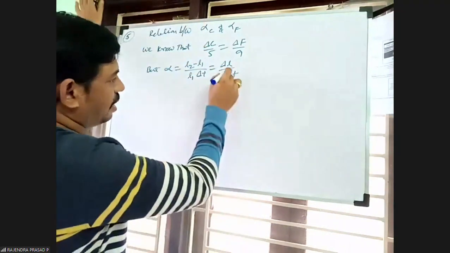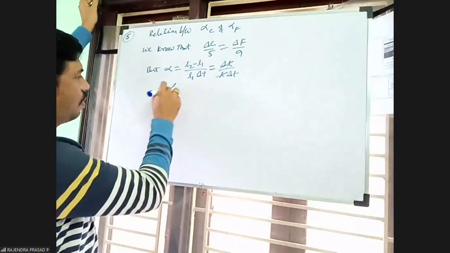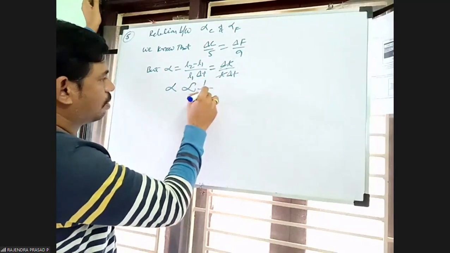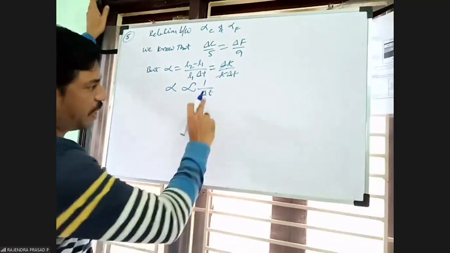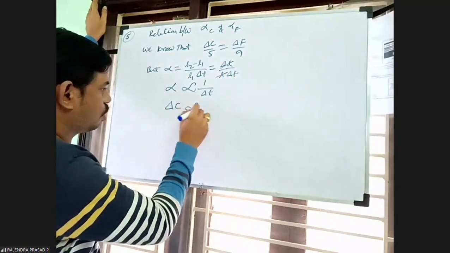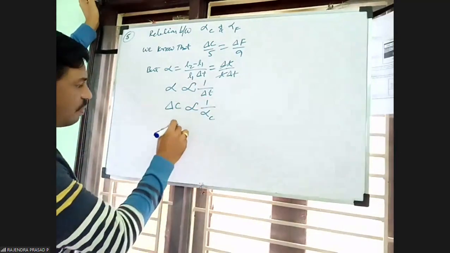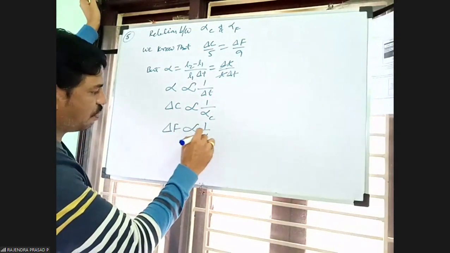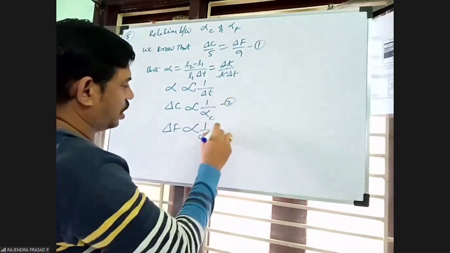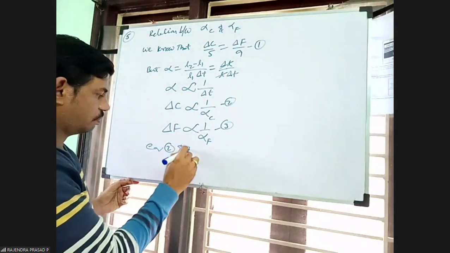Dimensionally the length cancels, so alpha is proportional to 1 by delta T. For the centigrade scale, delta C is proportional to 1 by alpha C, and delta F is proportional to 1 by alpha F. These are equations 1, 2 and 3.